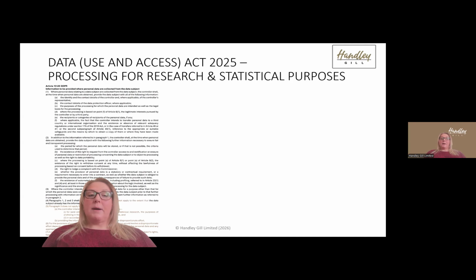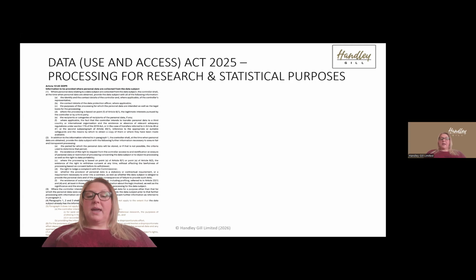And then the new Article 13(6) provides that when you're considering whether providing information would involve disproportionate effort, you should have regard to, this is a non-exhaustive list, the number of data subjects involved, the age of the personal data, and any appropriate safeguards applied to the processing.